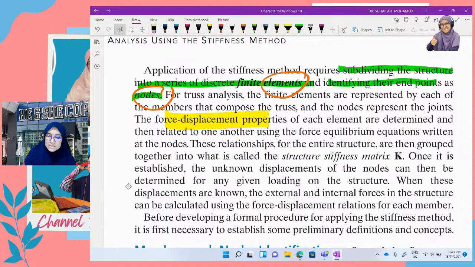This relationship for the entire structure is then grouped together into what is called the structure stiffness matrix.